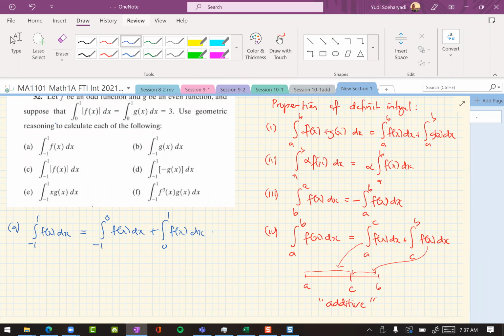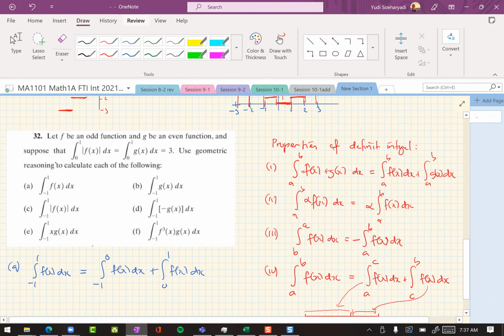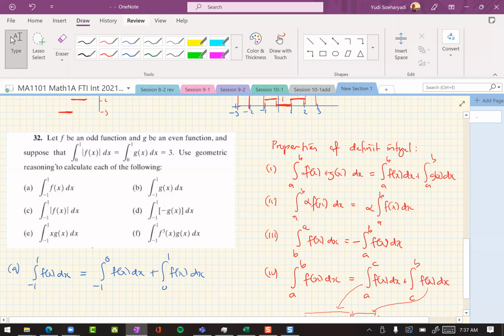Since we know that, let's see, the data is about this one. Let me check.